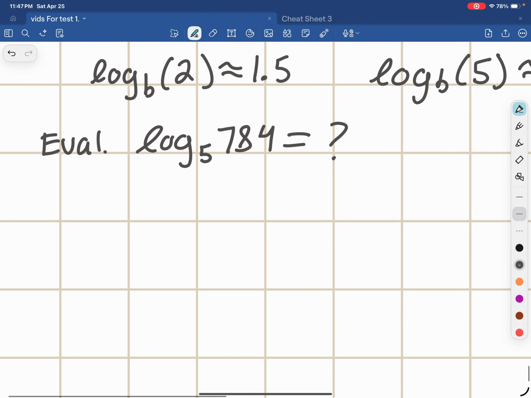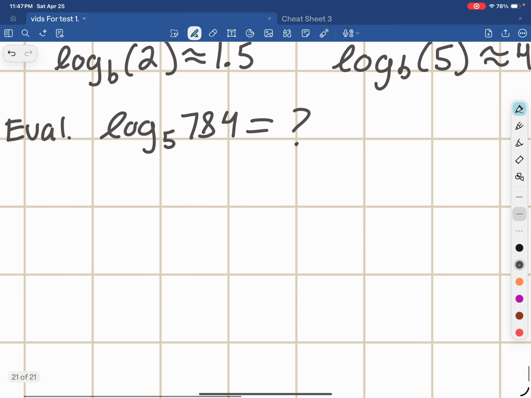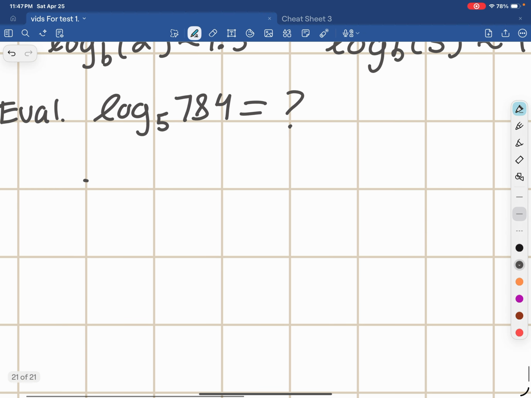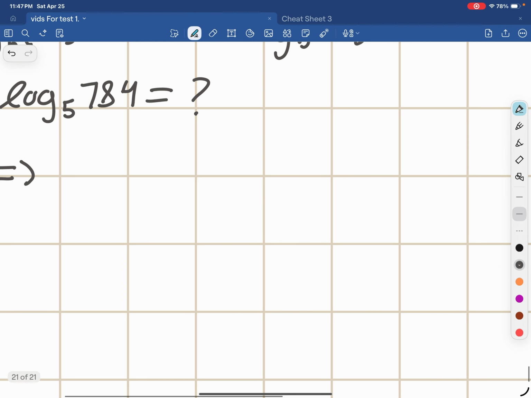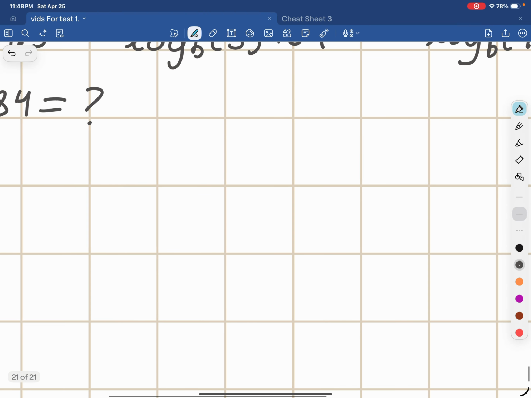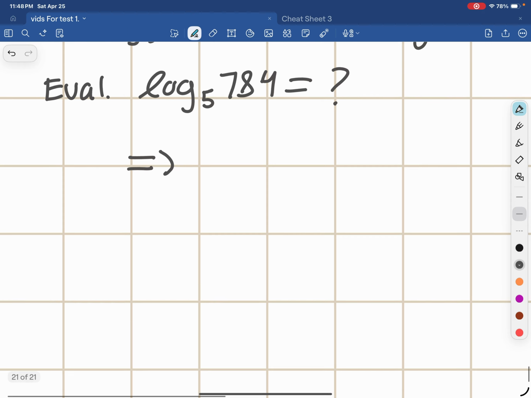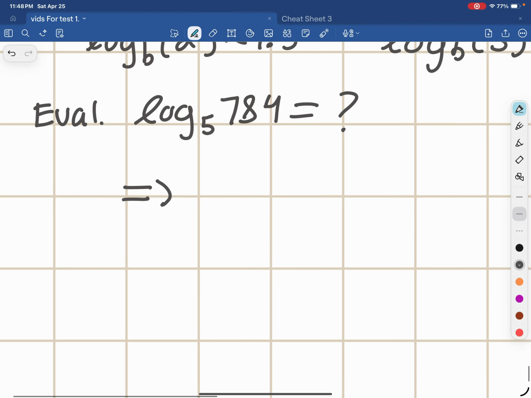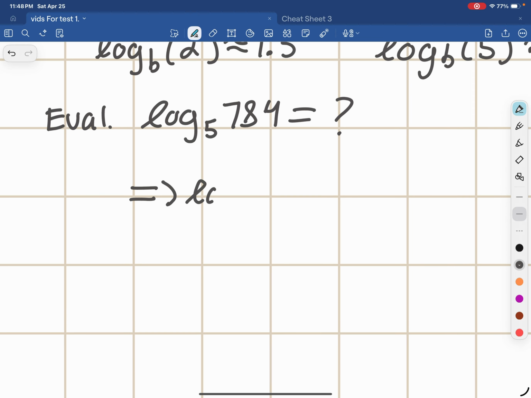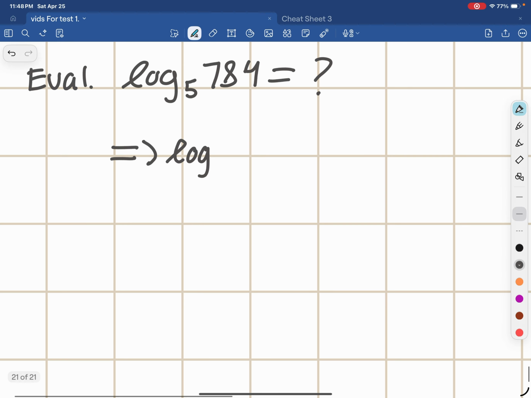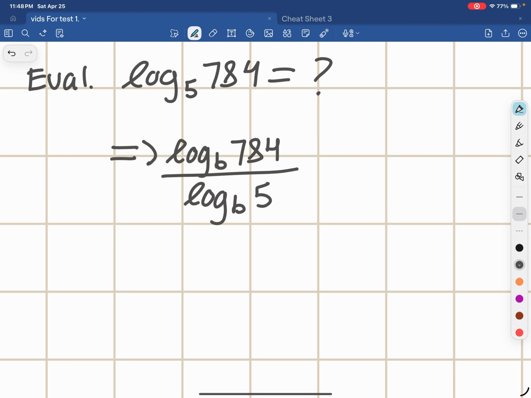So let's do it. If we're going to split this up, we'll start it this way, and we'll write what properties we use to the right, going down. So we should have log base b of 784 over log base b of 5.